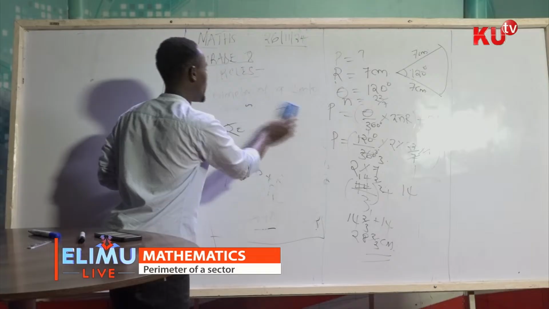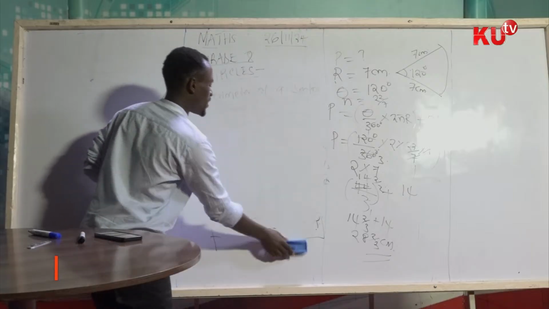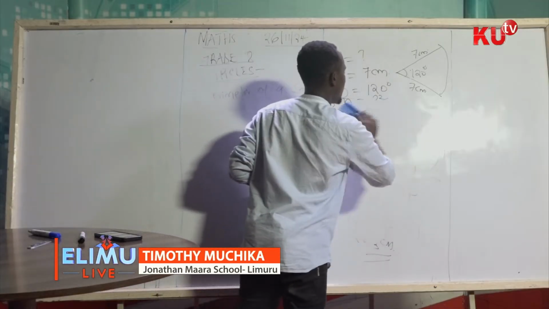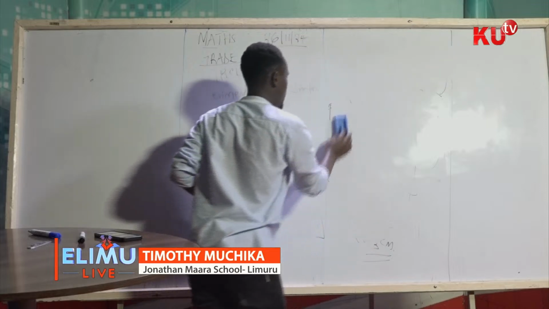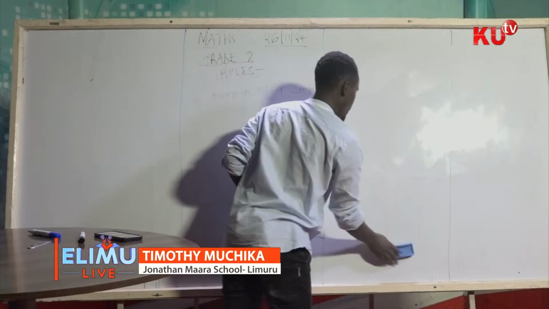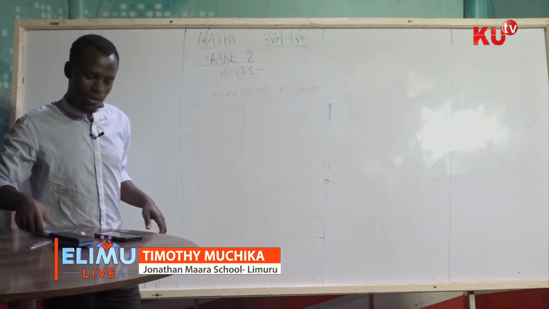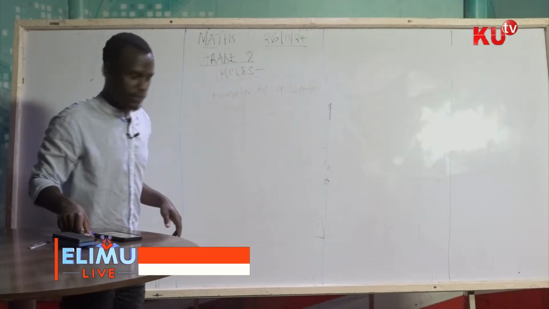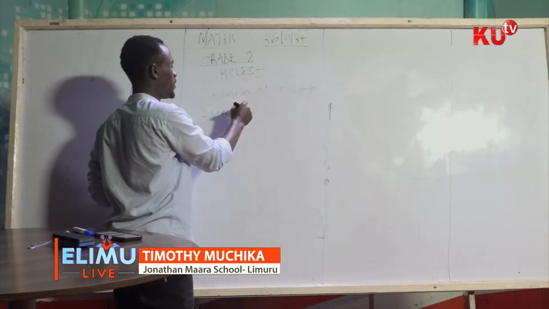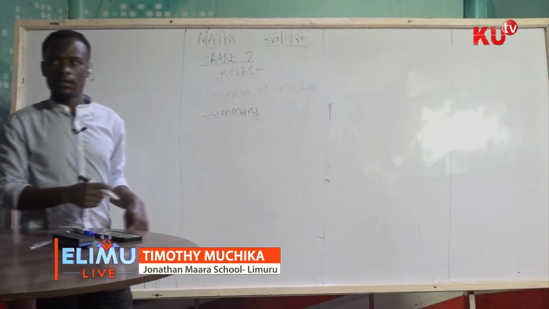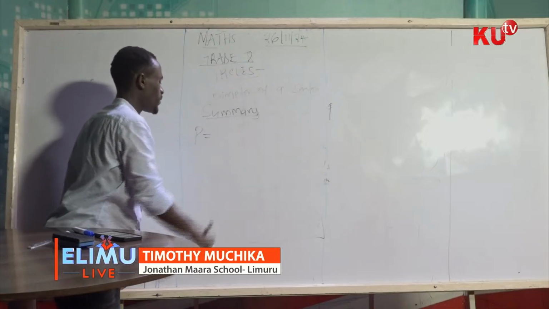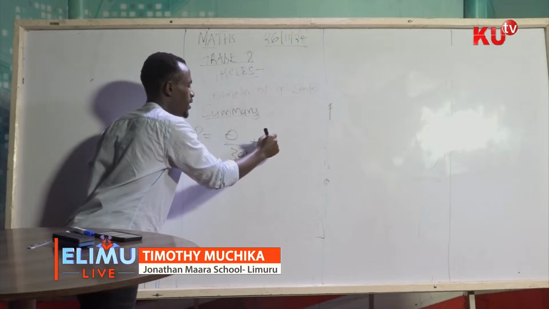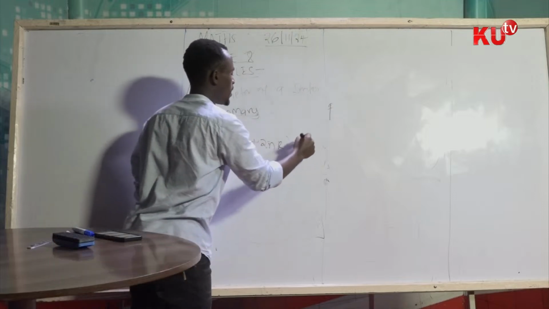For both the perimeter of a sector and the length of the arc, they look kind of the same, but there is a difference. Summary. For the perimeter, we have said that you work it out by theta over 360 degrees times 2 pi r plus 2r.